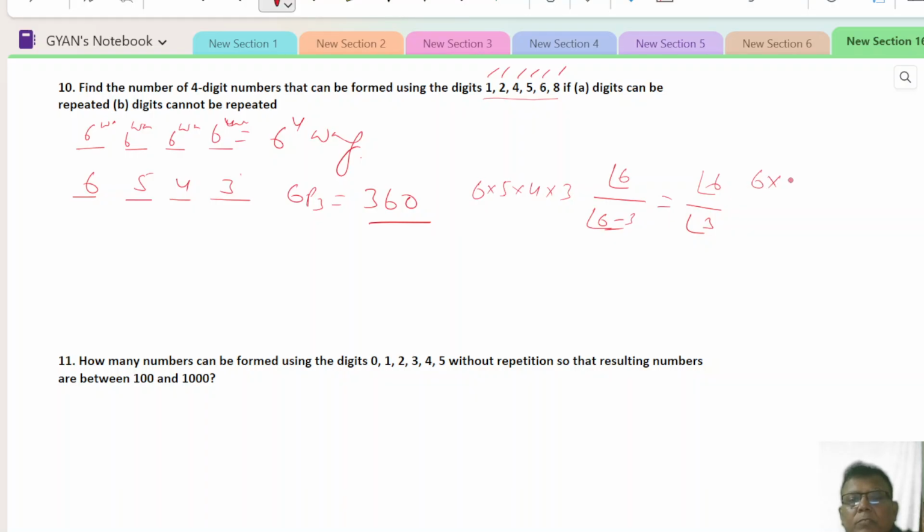So 6 into 5 into 4 into 3 into 2 into 1, the 3 into 2 into 1 gets cancelled. That is 120. This is 120. Digits can be repeated, digits cannot be repeated.